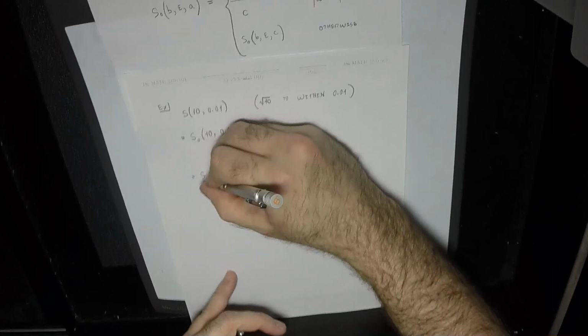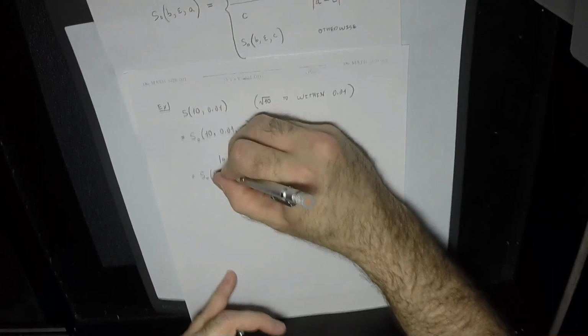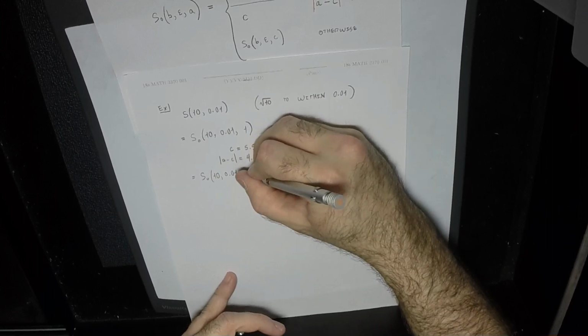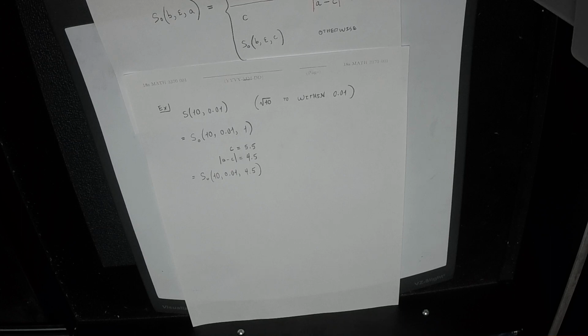to S0, 10, 0.01, but now our guess is 4.5. By the way, the square root of 10 is about 3.16, right? So we went from 1 being an underestimate, and we jumped past it to 4.5. Okay.